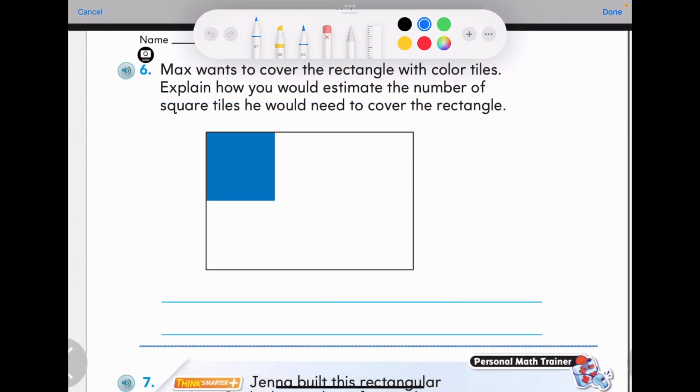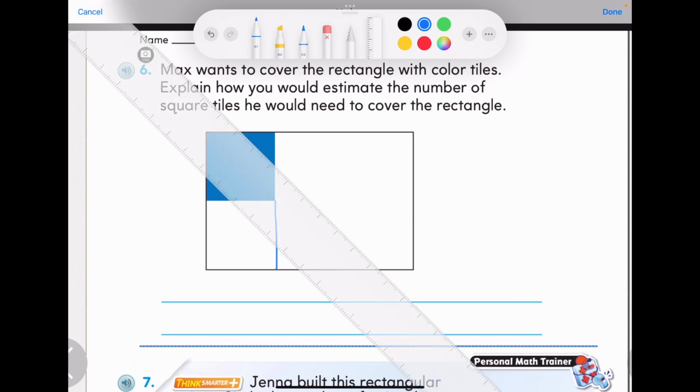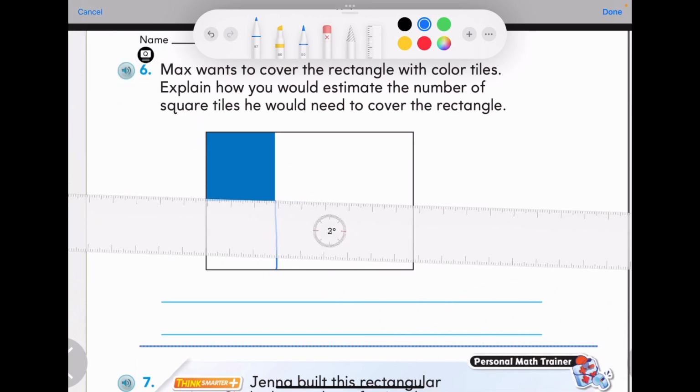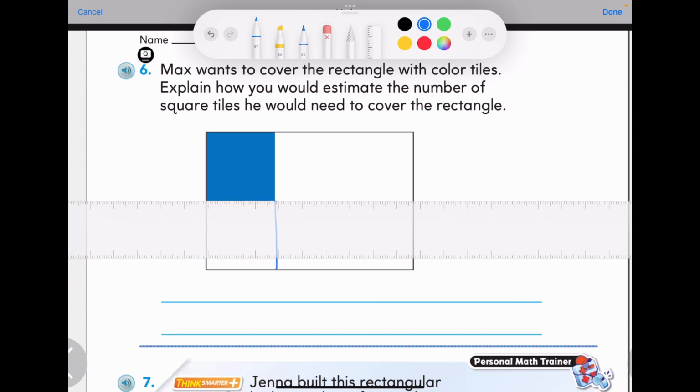Number 6 says Max wants to cover the rectangle with colored tiles. Explain how you would estimate the number of square tiles he would need to cover the rectangle. Alright, so simply I know that I could draw a line straight down and that would be another square tile there. I'm going to make a straight line in the center of this the best I can.